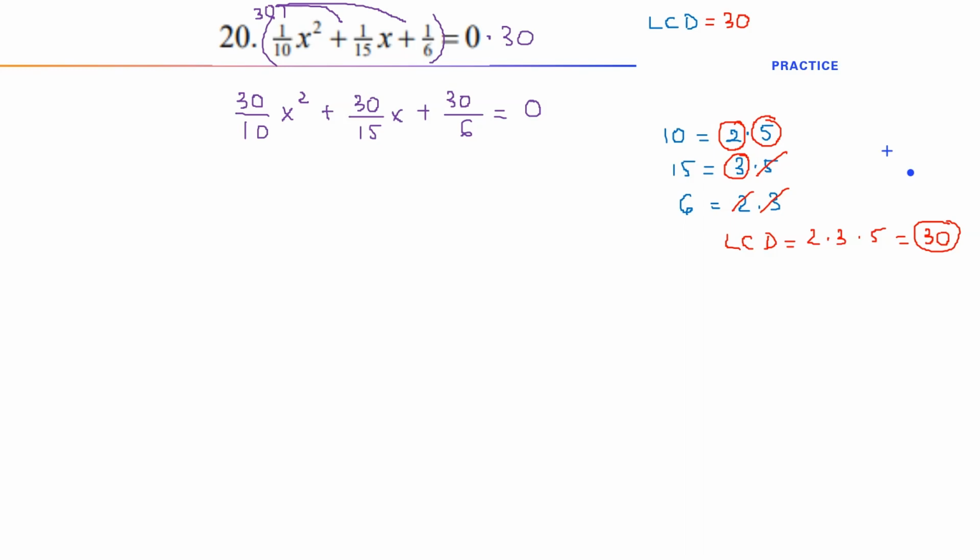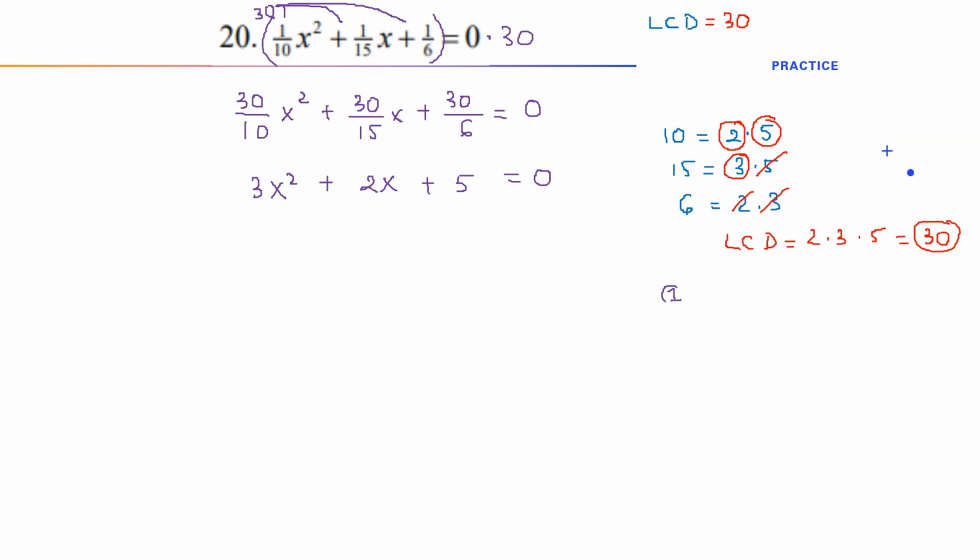And I got that. Now I'll simplify it. What is 30 divided by 10? 3. So I got 3x squared plus 30 divided by 15, 2x. 30 divided by 6, 5. That equals 0. Now it looks nice to work with, right?